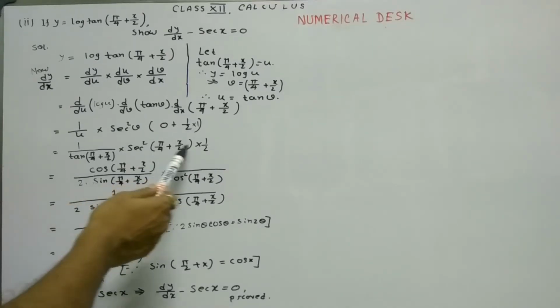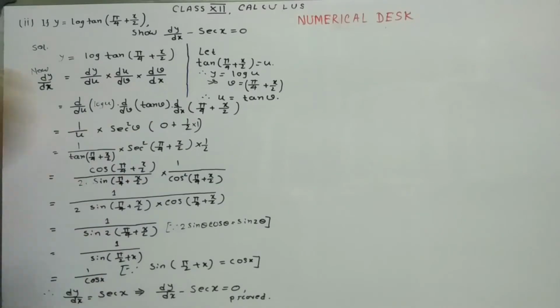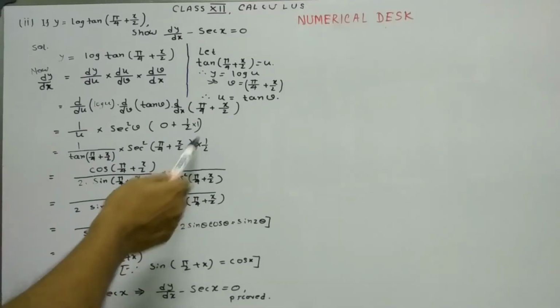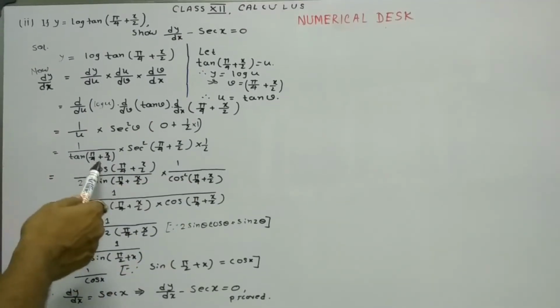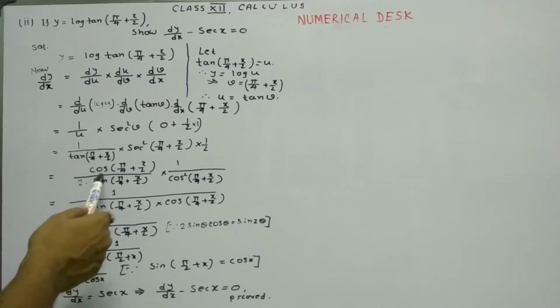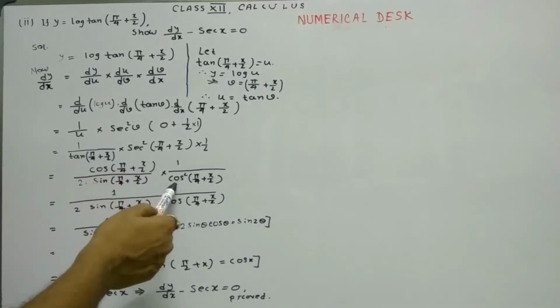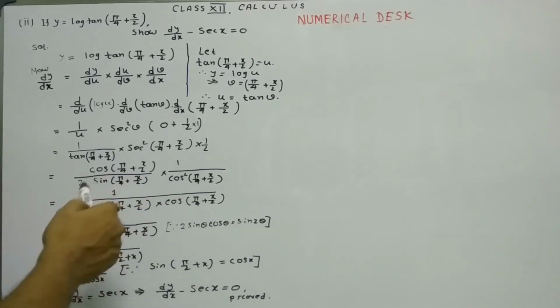And now on differentiation, 1 by u, that is sec square v, then pi by 4 is constant, so 0, plus half d by dx of x equal to 1, so half into 1. So putting the value of u, 1 by tan of (pi by 4 plus x by 2).